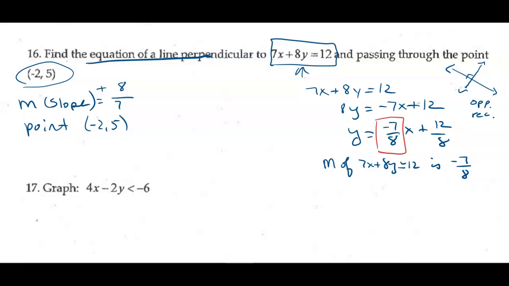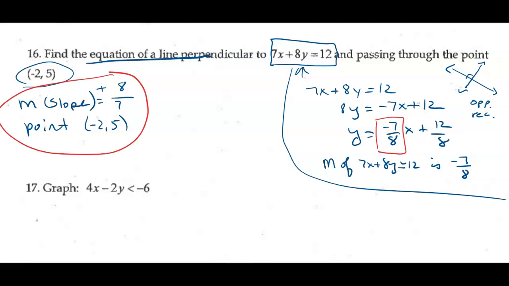All right? Now we're done with that line. We don't need any of that anymore. This is the information we need to get our equation. We're going to use point slope form. You need to know point slope form. We have our point, negative 2, 5. First thing we need is the y value of that point, so it's y minus 5. The slope we know is 8 over 7. And then the x value of our point is negative 2.